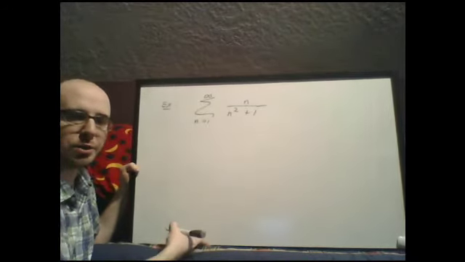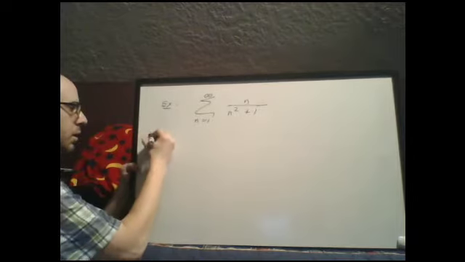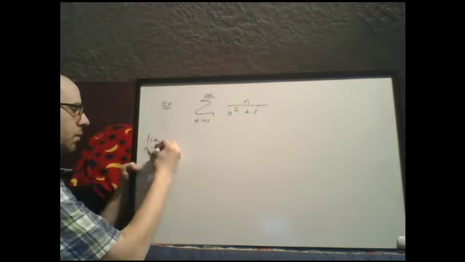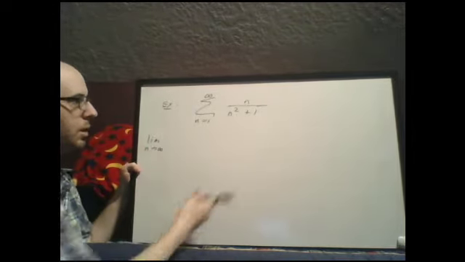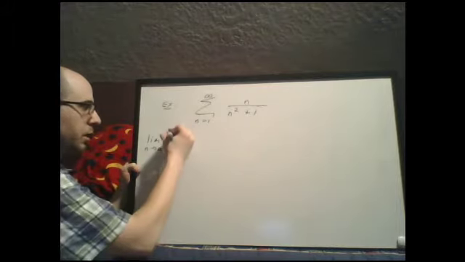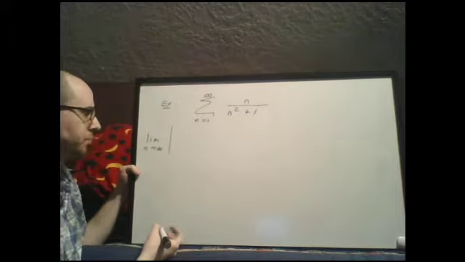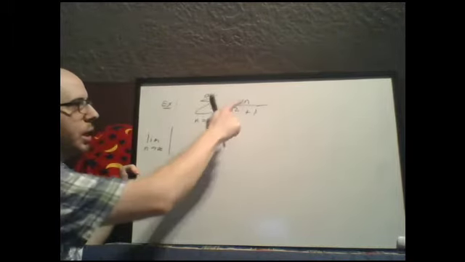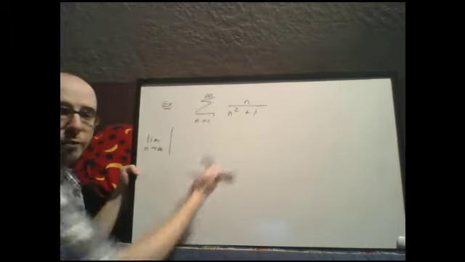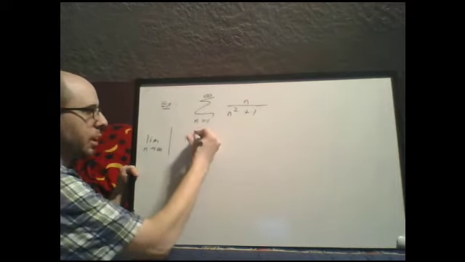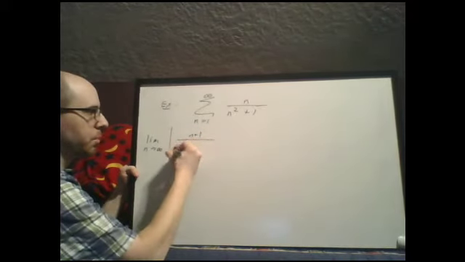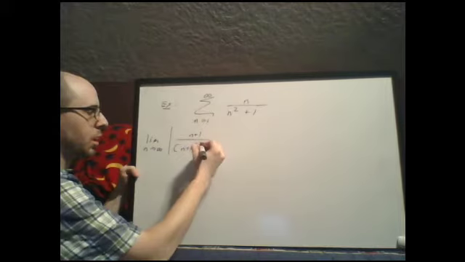So if I try to do this with the ratio test, this time everything's positive. I'll put the absolute values just for the habit, but everything's positive anyway. The n plus 1 version of this would be n plus 1 divided by n plus 1 squared plus 1.